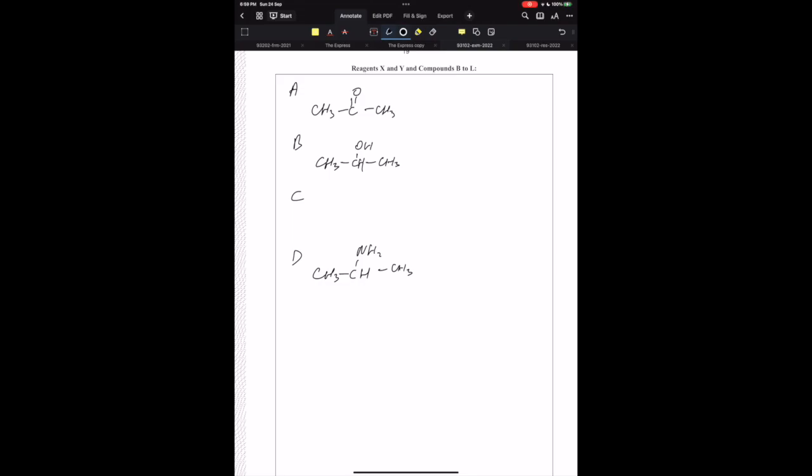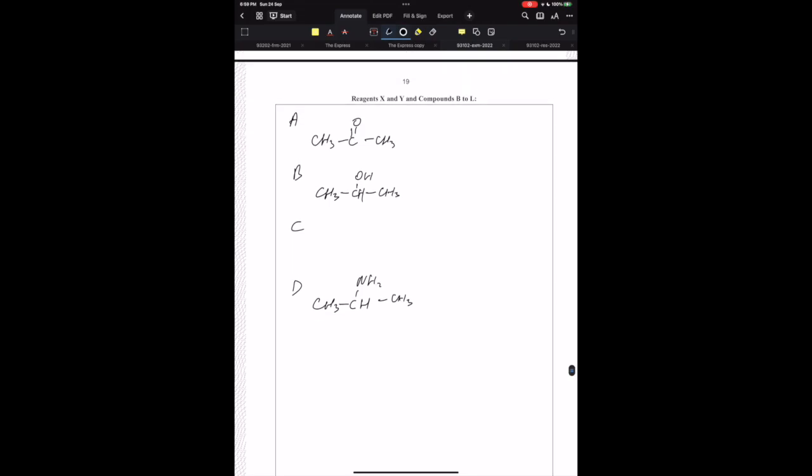And so there is an intermediate product between B and D. The pathway we can go here is you can't go from OH substituting directly to an NH2, but what you can do is go from OH to Cl and then substitute NH2.